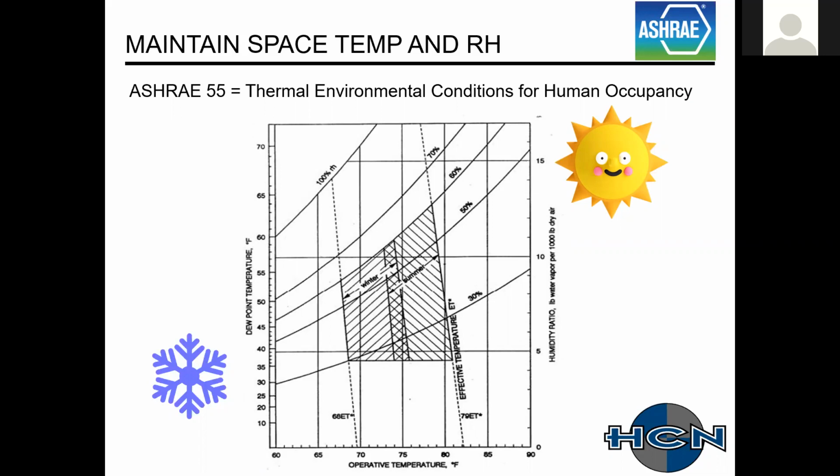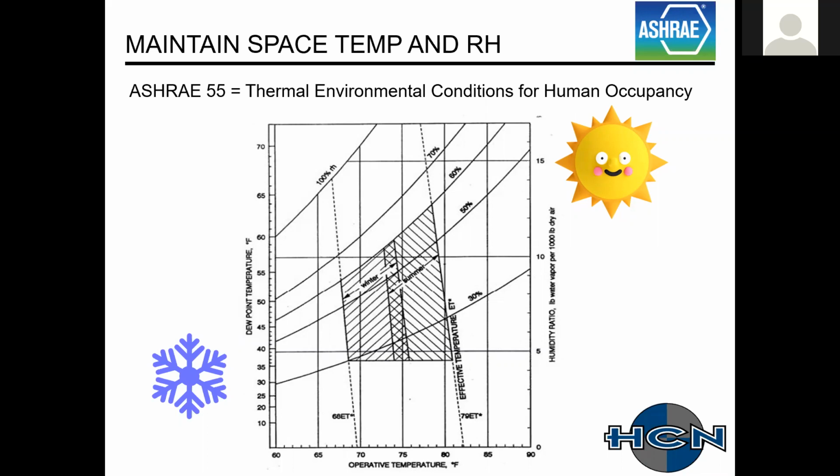What they've done is, in the hatched area, that is where occupants feel most satisfied for comfort conditions. They've bordered it with 60% to approximately 40% or 30% RH, and temperatures in the 68 to 70 degree range, up to 78 to 80 degree dry bulb.